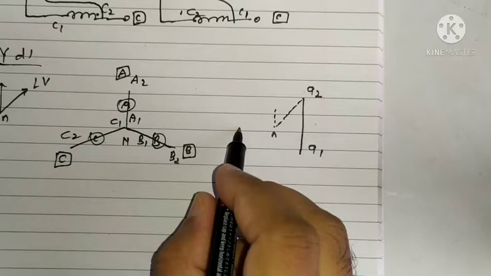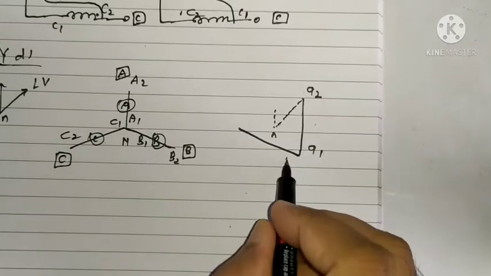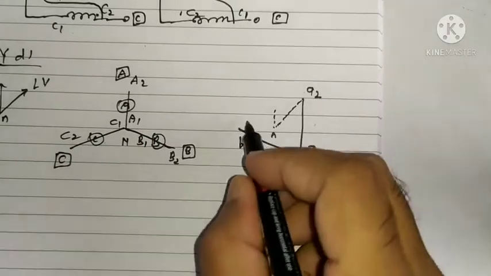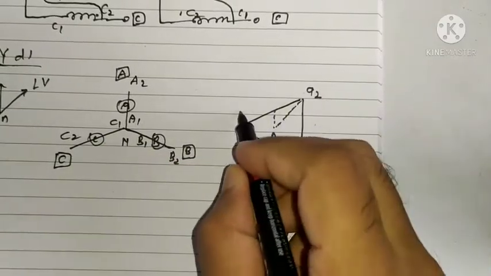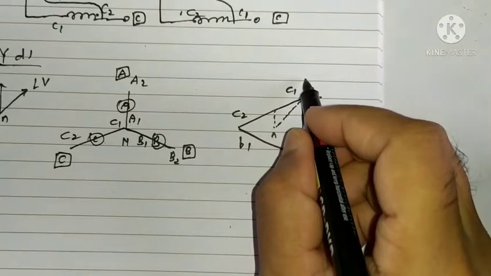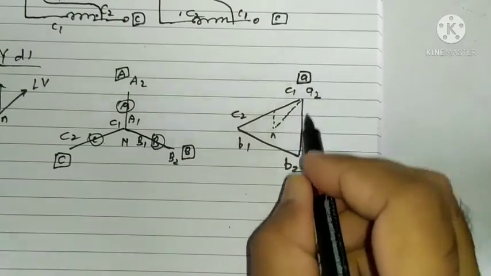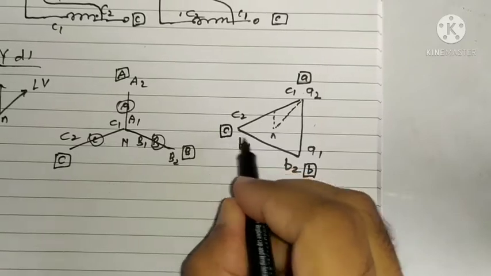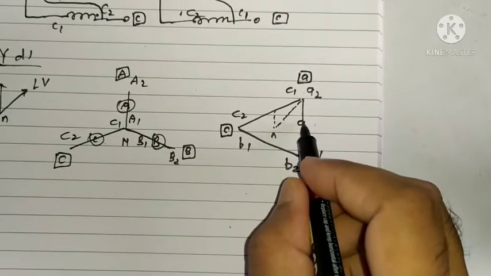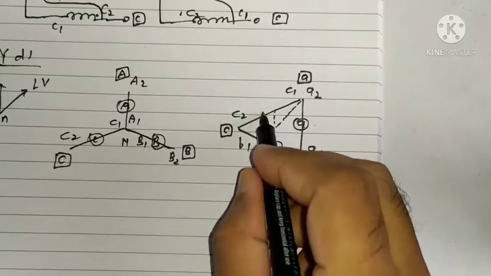So this will give us B2 to B1 and C2 to C1. So parallel to this I will draw a line here, C2 to C1, and this will be the A terminal, B terminal, C terminal, A arm, B arm and C arm.